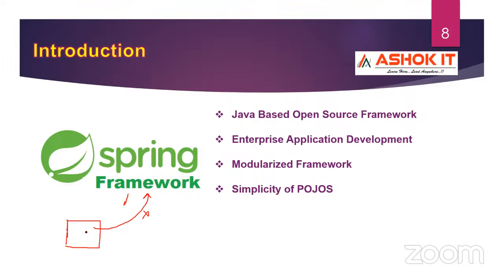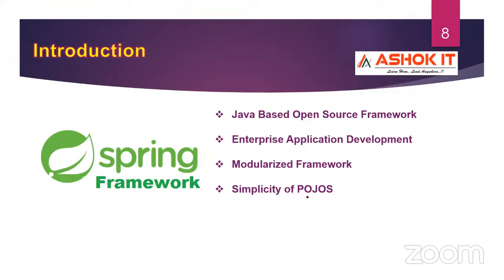Tell me, guys, when you are developing any kind of application in the Spring framework, are you going to extend or implement any predefined class or interface from the Spring library? No. Always you are going to develop the classes as simple POJOs, simple Java classes.